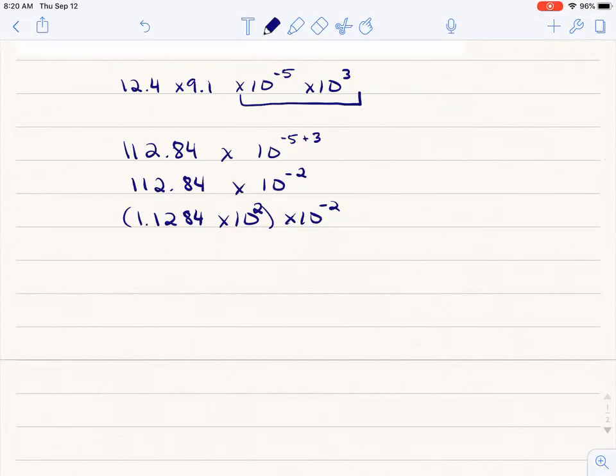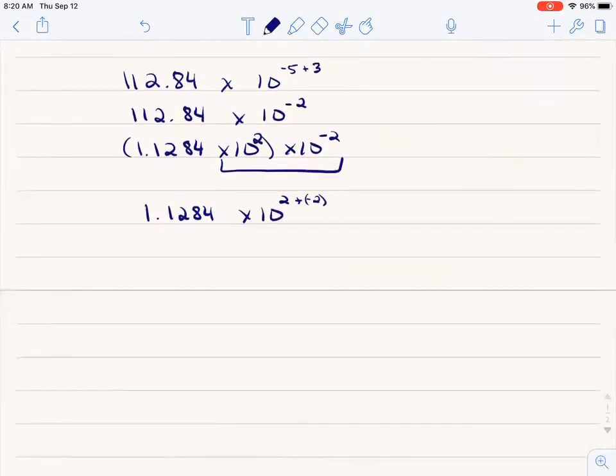Okay, and now I can do the same thing. I can group these, 10 to the 2 times 10 to the negative 2, and just have 1.1284 times 10 to the 2 plus negative 2. That's just going to go away.